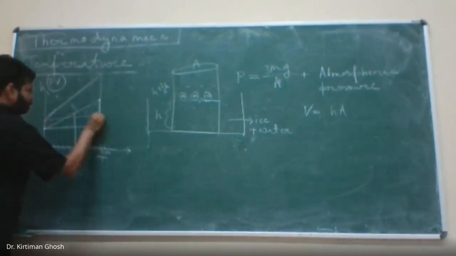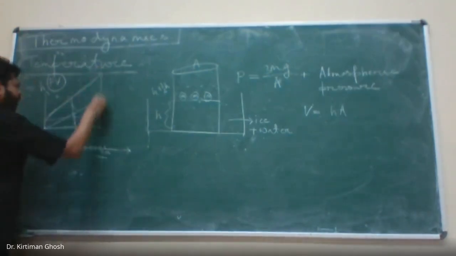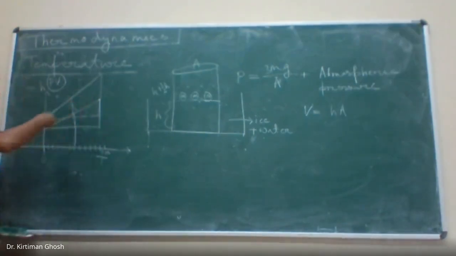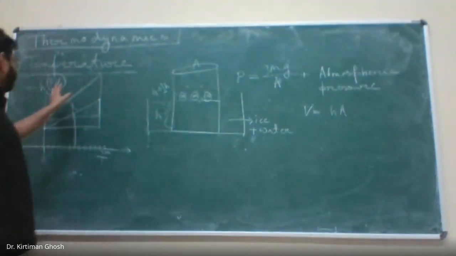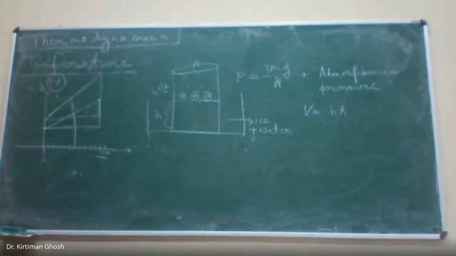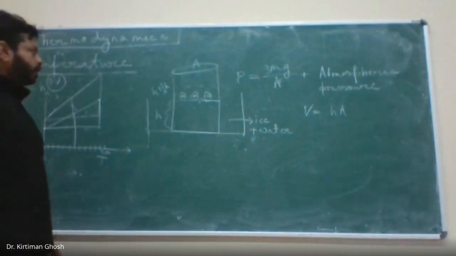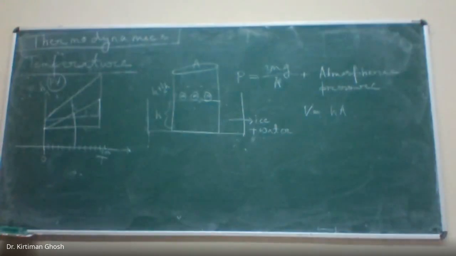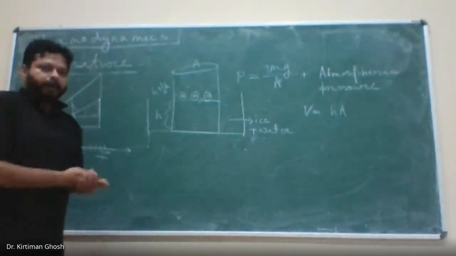So the ratio of the increment of height will be the same for all these gases. Whatever gas we choose, whatever volume of gas we choose, it doesn't matter. They will be the same. So this is a property of an ideal gas.